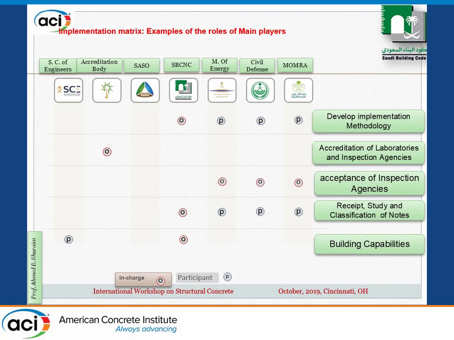This is the SBC, the Saudi Building Code, the Ministry of Energy, Civil Defense for firefighting, and MOMRA, which is the municipality ministry. So these entities, everyone has their own role to do, preparing for the enforcement.